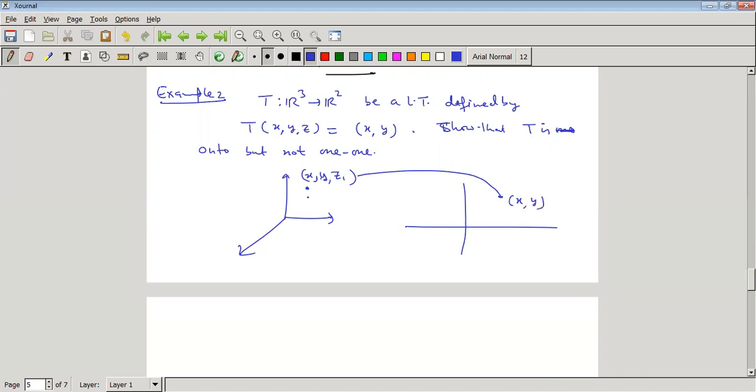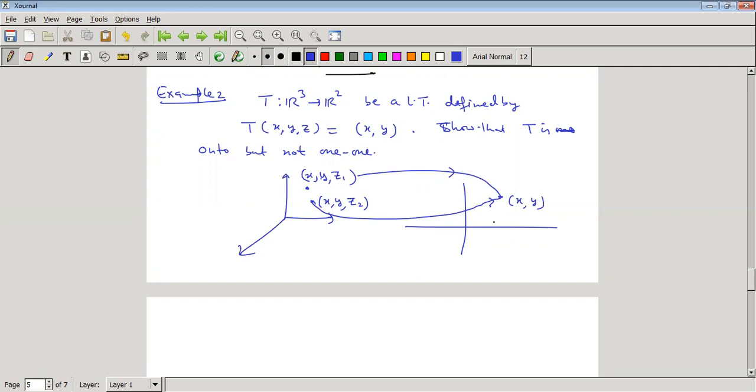But if we take any other point (x, y, z2), what is the image of this point? Again, we get the same point. Is it 1-1? No, we have two distinct points whose image is the same. So it is not a 1-1 transformation.